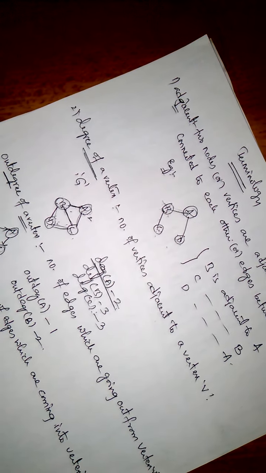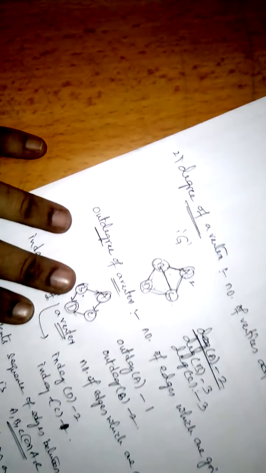Now what is out degree of a vertex? Out degree of a vertex means the number of edges which are going out from a vertex. We can understand this specifically in a directed graph. See this example, this is a graph G. If we take A, how many edges are going out?